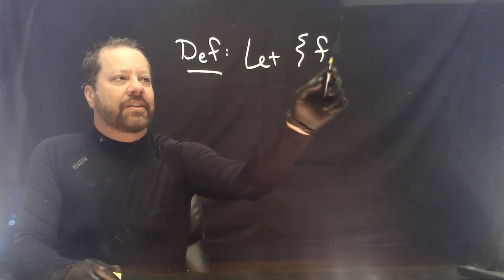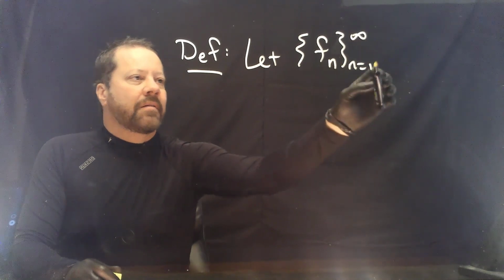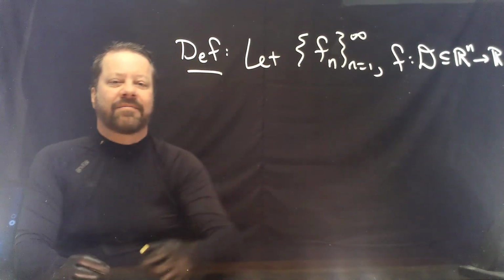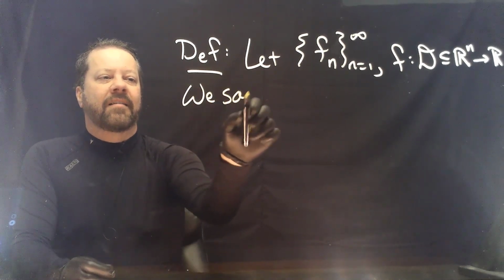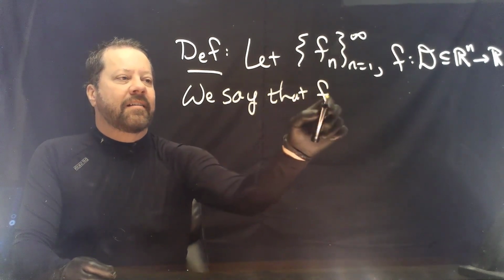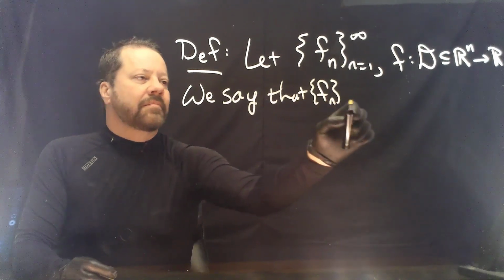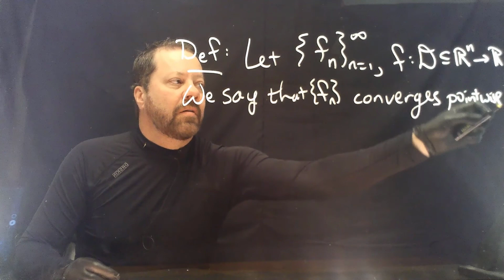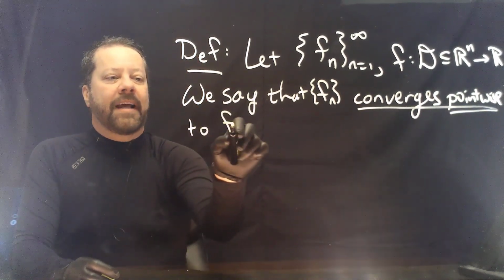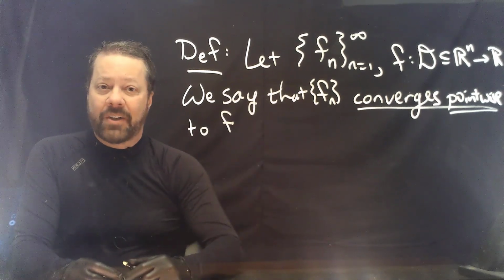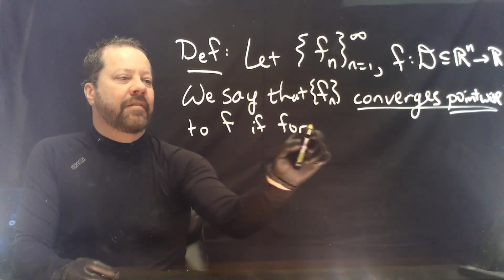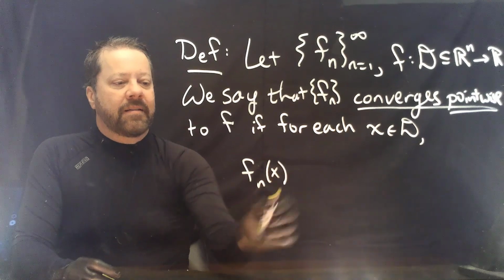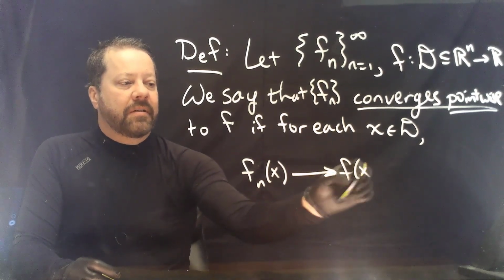Let us have a collection of functions. These functions map some domain in Rn into R. We say that the sequence Fn converges pointwise to a function f, which has a similar domain and codomain, if for each point within the domain, this, as a sequence of real numbers, converges to this.